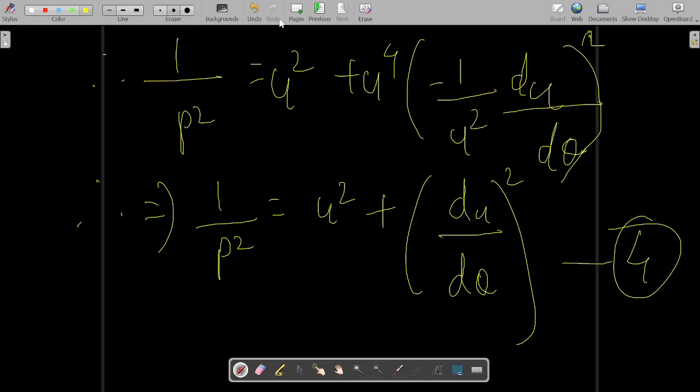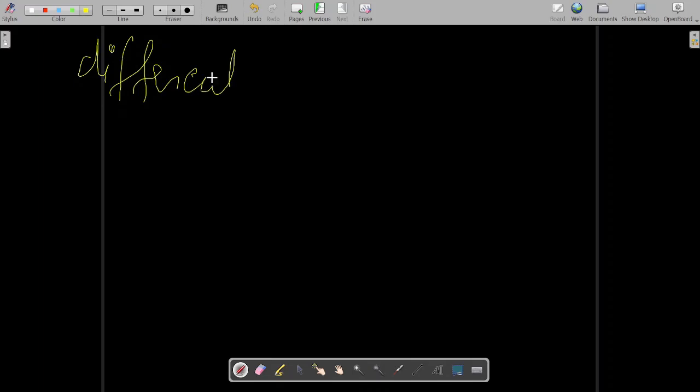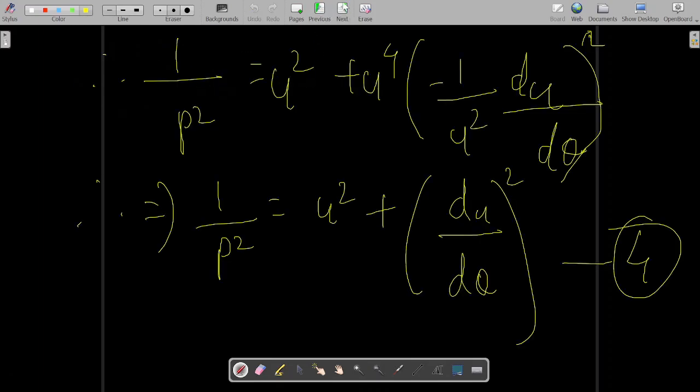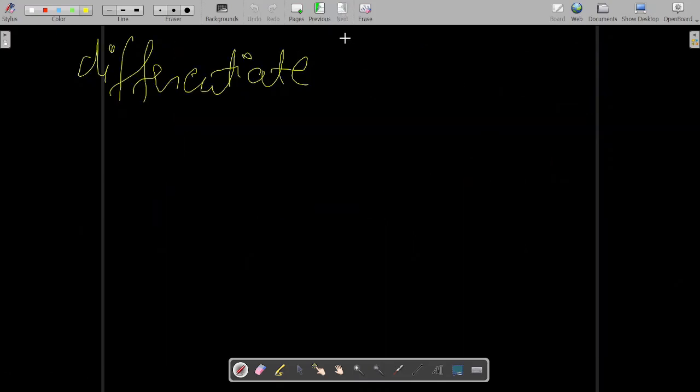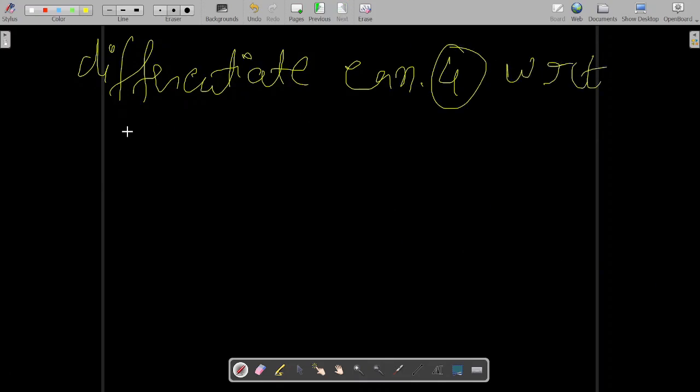Now differentiate equation 4 with respect to t. This is your equation number 4, right? So differentiate equation 4 with respect to your t.